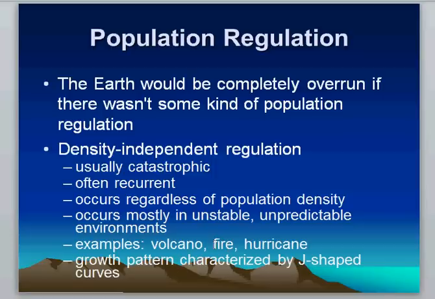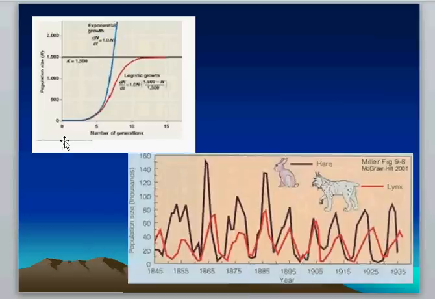The growth pattern is characterized by J-shaped curves, and the J-shaped curve is the blue one in this diagram. So if we have a line here which represents the carrying capacity for this particular species, as you can see, the population of this species starts out low. It trundles along and doesn't get very much bigger very quickly for a while.